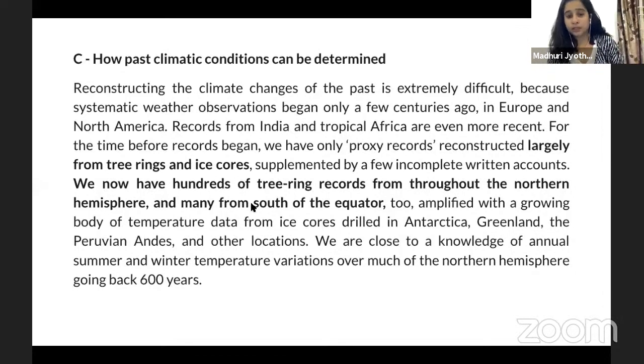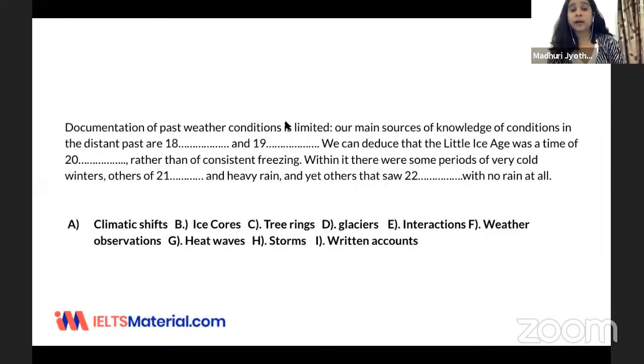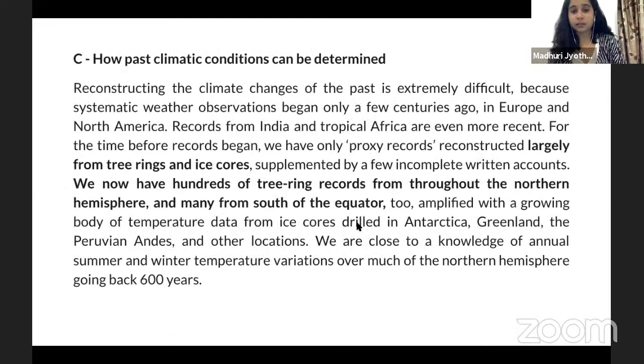So the question was documentation of past weather condition. So the keywords that you are finding here are here. The weather condition is, so hundreds of tree ring records from throughout the hemisphere, from the south of the equator, amplified with a growing body of temperature data from ice cores drilled in Antarctica, Greenland, and Peruvian Andes. So you can understand from here that the climatic changes, and then they're talking about weather and all that.